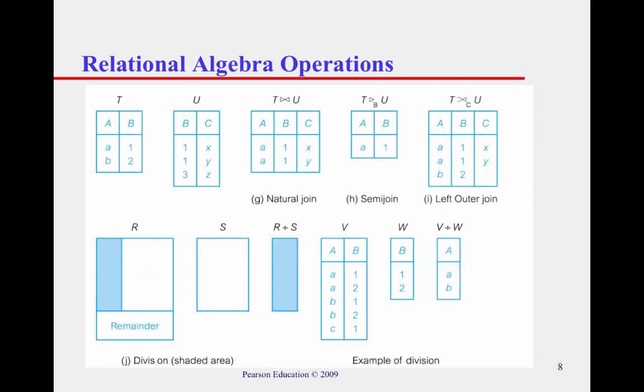Okay, then you've already seen a natural join. We'll see in a moment, but that's the symbol they use for a join. A natural join, what's a natural join? Someone refresh my memory.